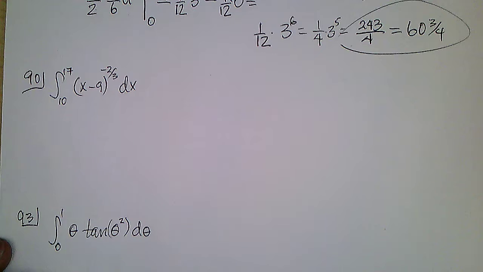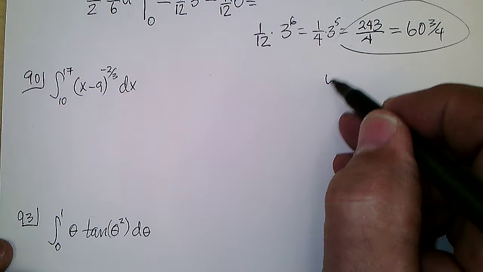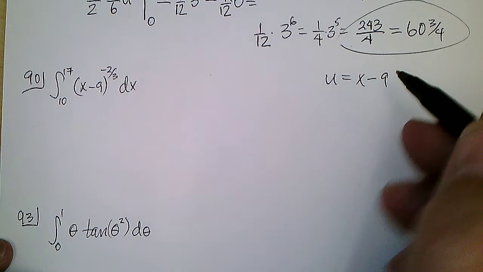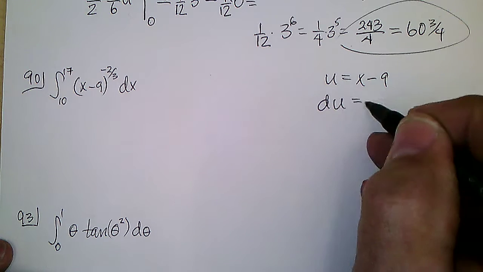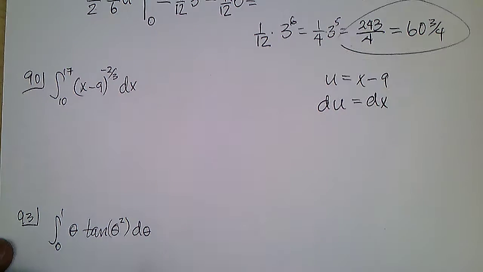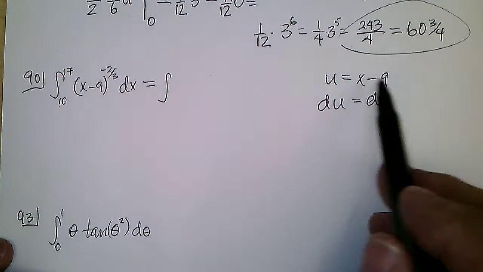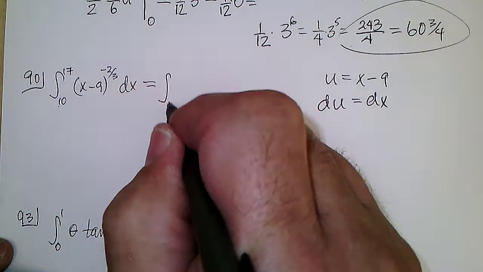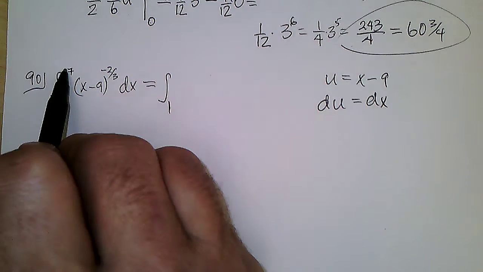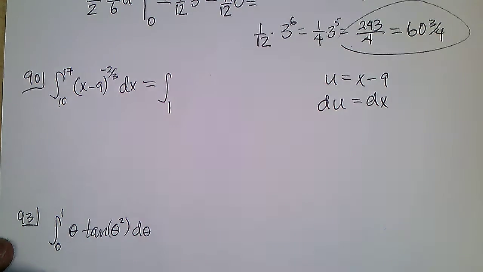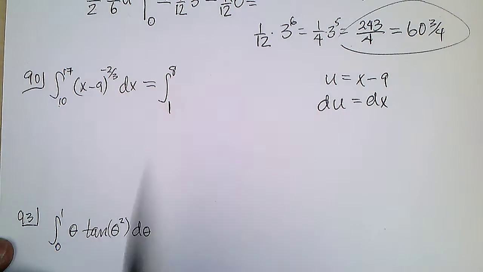90. Well, if we let u equal x minus 9, then du will equal dx. And this would change to, if I put 10, 10 minus 9 is 1. If I put 17, 17 minus 9 is 8.